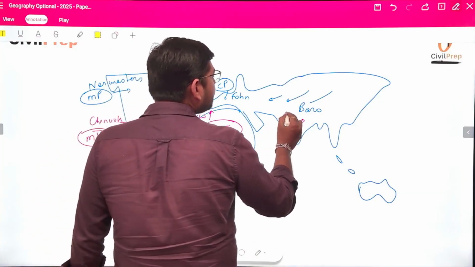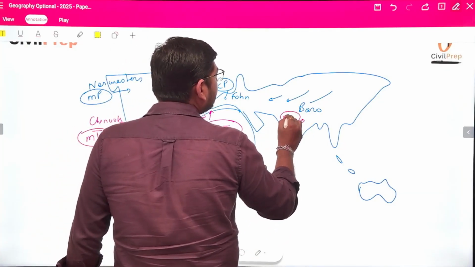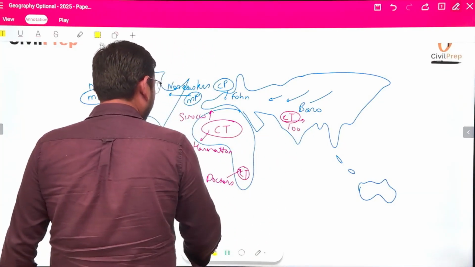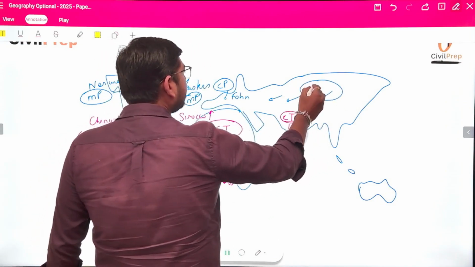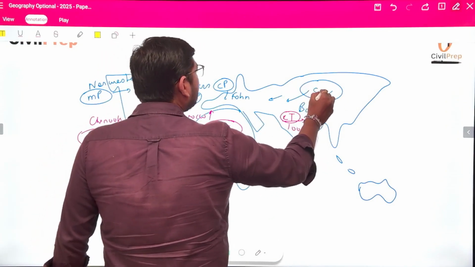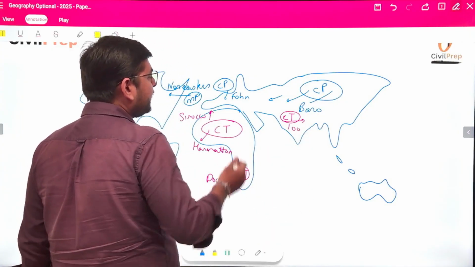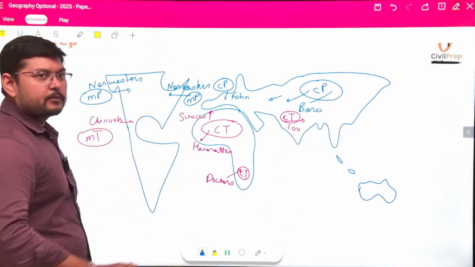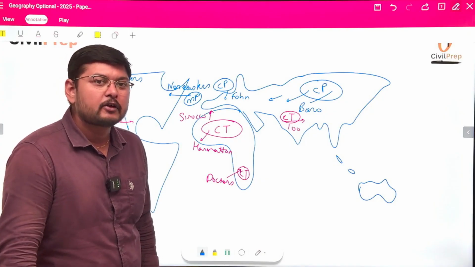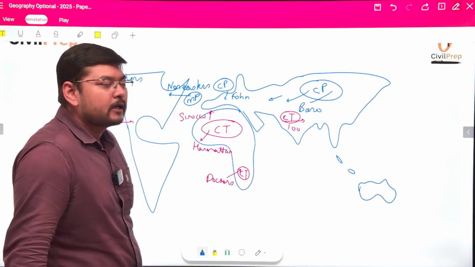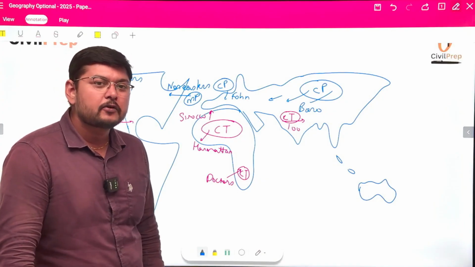Here also we have the presence of continental tropical, and in this particular area of the Siberian region, we have continental polar air. Because of the presence of these air masses, they have an influence over the development of these local winds in different regions of the world.